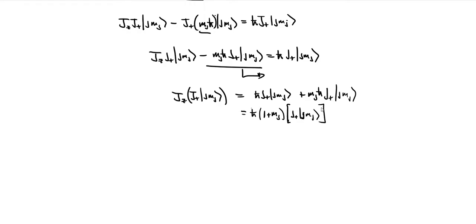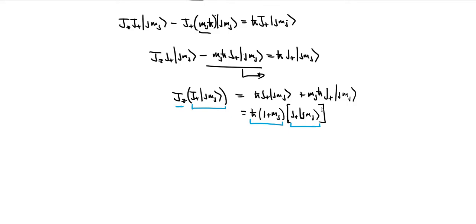So what we see is this is actually an eigenvalue equation, right? We have J_z operating on whatever that ket is, gives us this eigenvalue multiplied by that same ket. That's an eigenvalue equation. So we know that the action of J_+ on one of our eigenstates produces another eigenstate of the J_z operator, right?